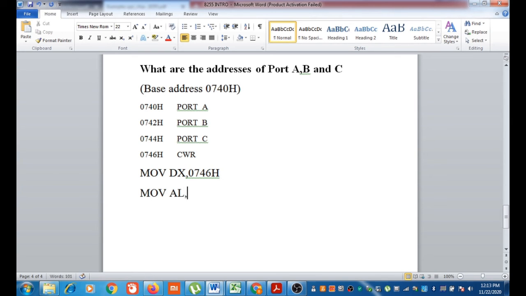Move AL comma 90H, the control word. Next, out DX comma AL. Now port A is configured as input port and port B as output port.